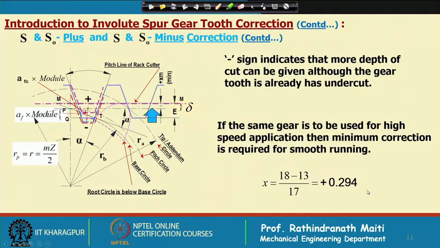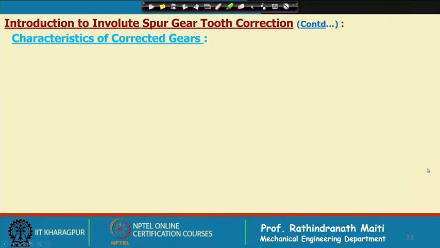So, for 13 teeth, if we take 15 degrees, probably it will come close to 17. But there the calculation of the correction factor is different, because it is in the transverse plane, sorry, another plane.